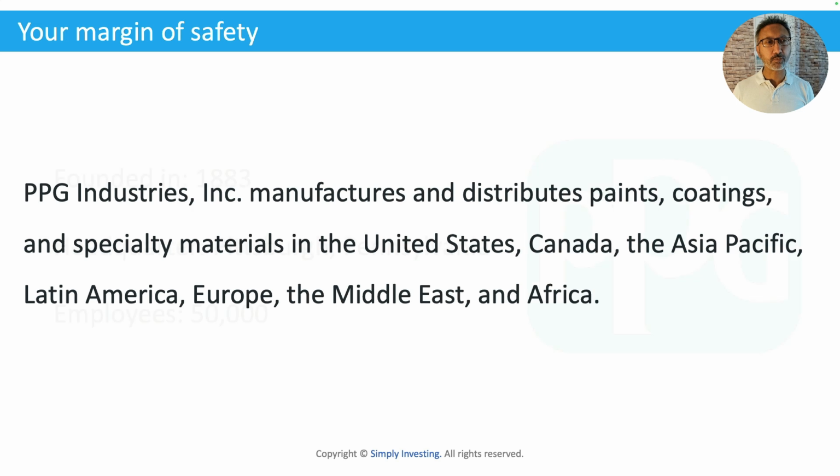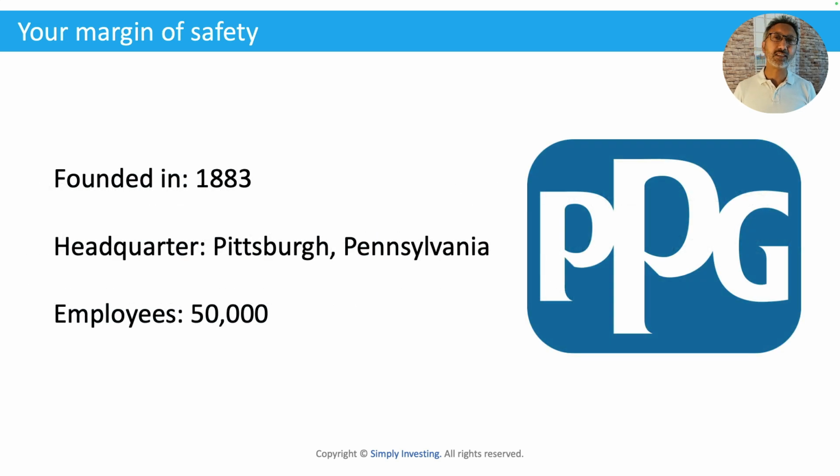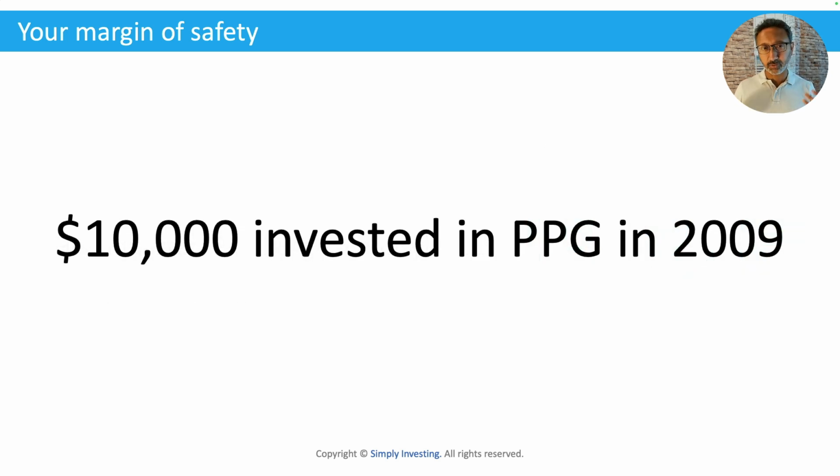This is a large company. It was founded in 1883. It is headquartered in Pittsburgh, Pennsylvania, and it employs 50,000 people. So we're going to take a look at a real life example by investing, let's say hypothetically, if you had invested $10,000 in this company in 2009, 15 years ago, how much would the investment be worth today?